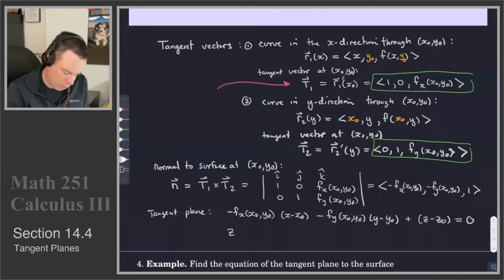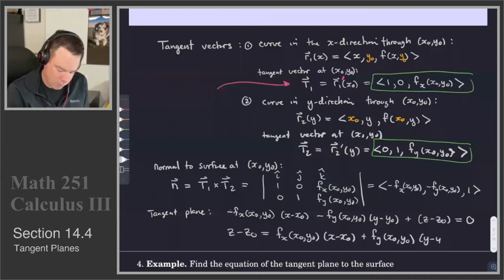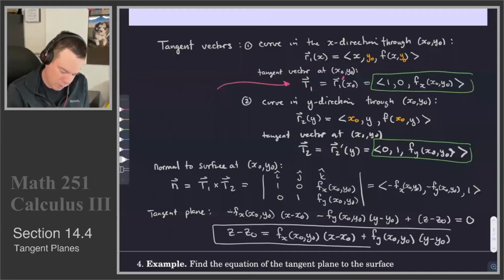And rearranging, we can write it as z minus z naught is equal to f sub x, x naught, y naught, times x minus x naught, plus f sub y, x naught, y naught, times y minus y naught. And so there's the equation of our tangent plane.